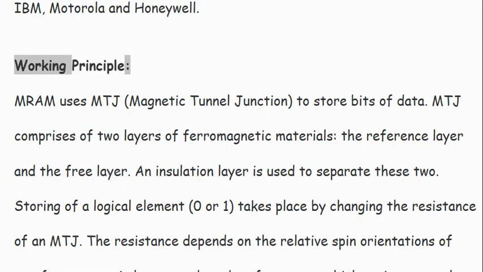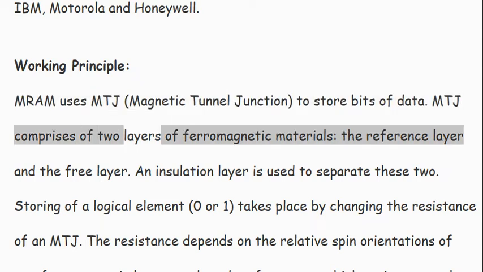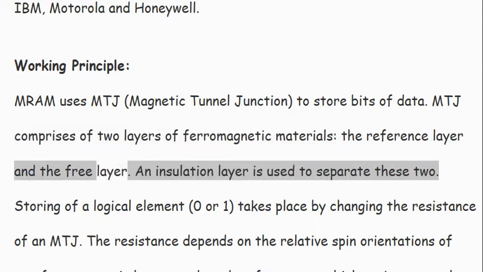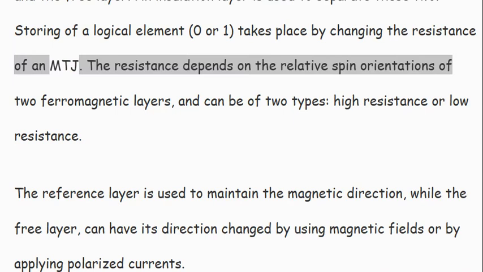Working principle: MRAM uses MTJ, magnetic tunnel junction, to store bits of data. MTJ comprises 2 layers of ferromagnetic materials, the reference layer and the free layer. An insulation layer is used to separate these two. Storing of a logical element, 0 or 1, takes place by changing the resistance of an MTJ.